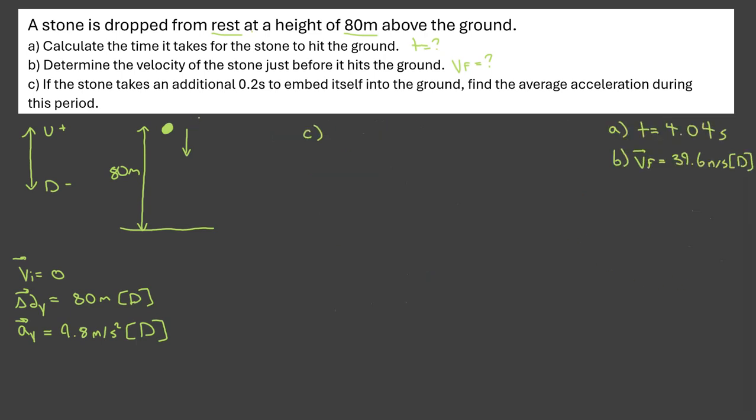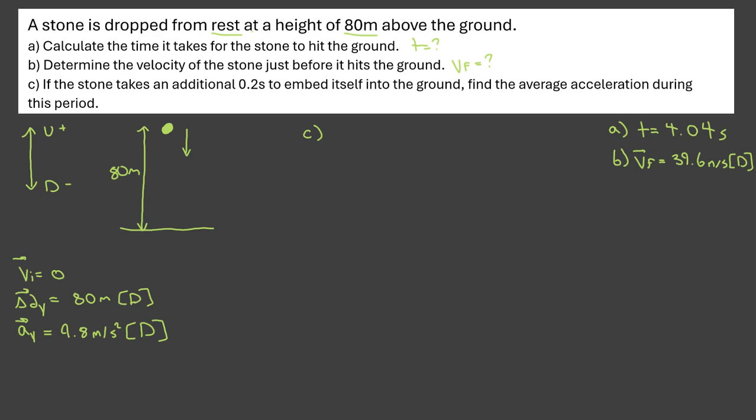Finally, part C, let's talk about this one a little bit. It says, if the stone takes an additional 0.2 seconds to embed itself into the ground, find the average acceleration during this period. So picture this, as if the stone is falling on some soft dirt, and when it hits the ground, it's making some type of impact and embedding itself into the ground.